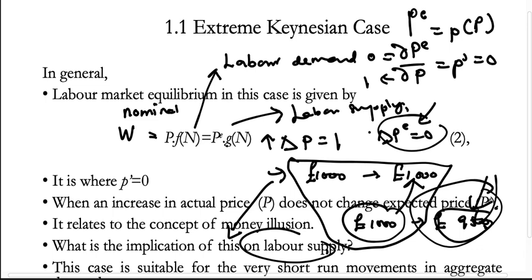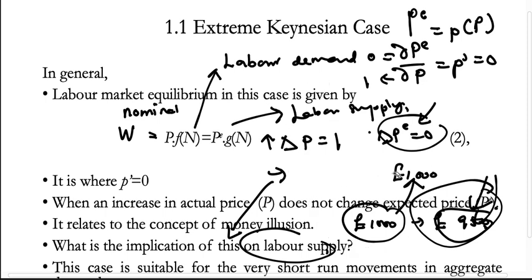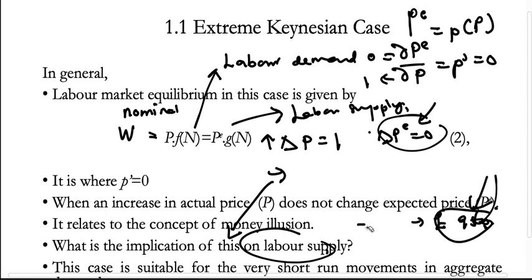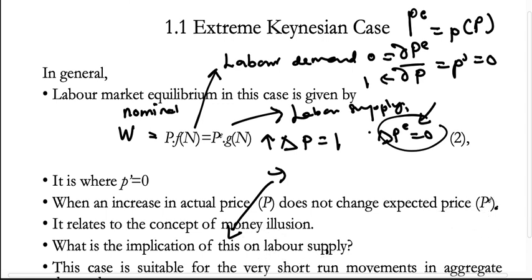So if we relate this money illusion with the extreme Keynesian case, let me erase the mess first. You can see here, that's why the person with money illusion doesn't change the way they expect the price to be in the future.